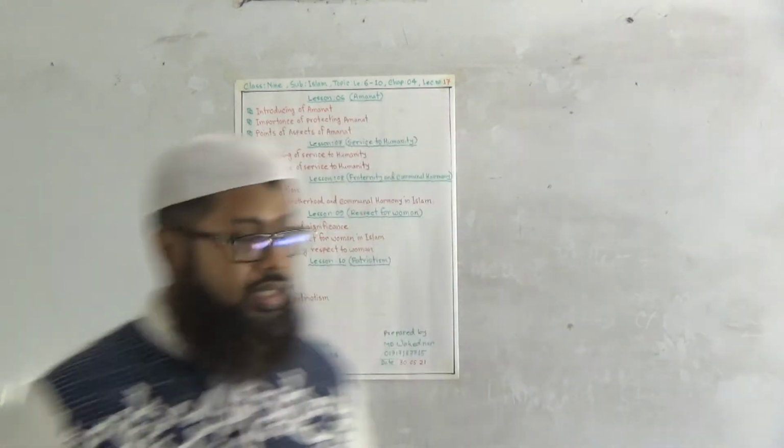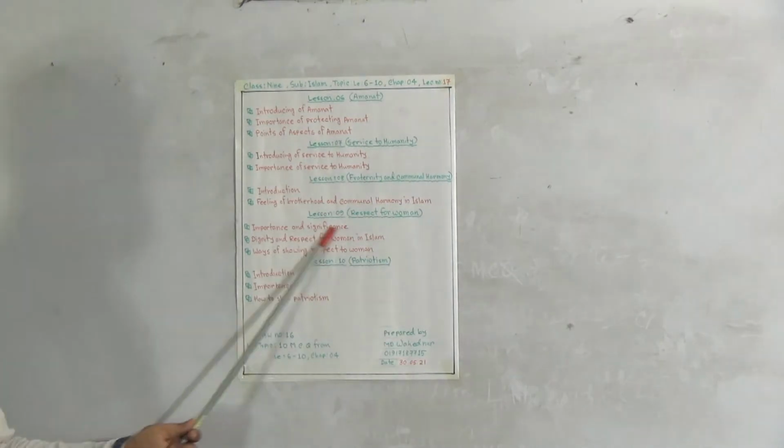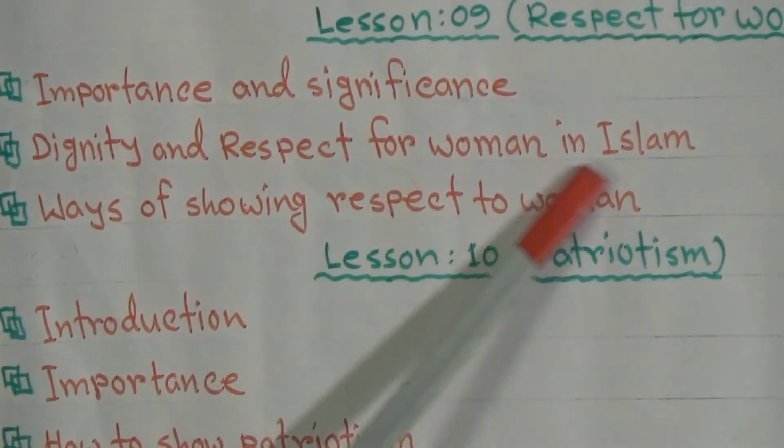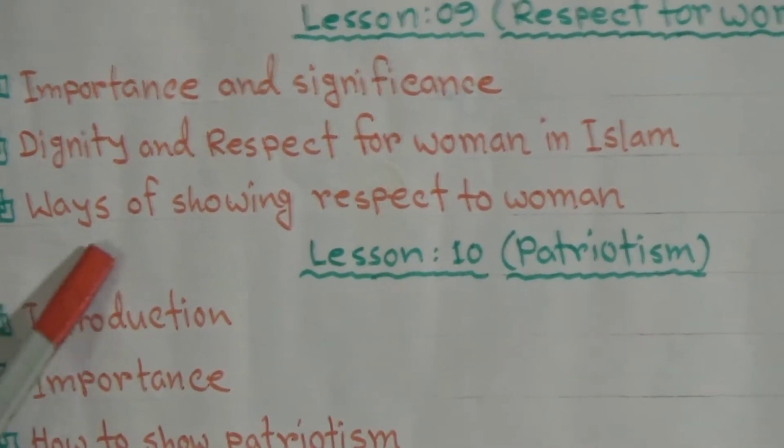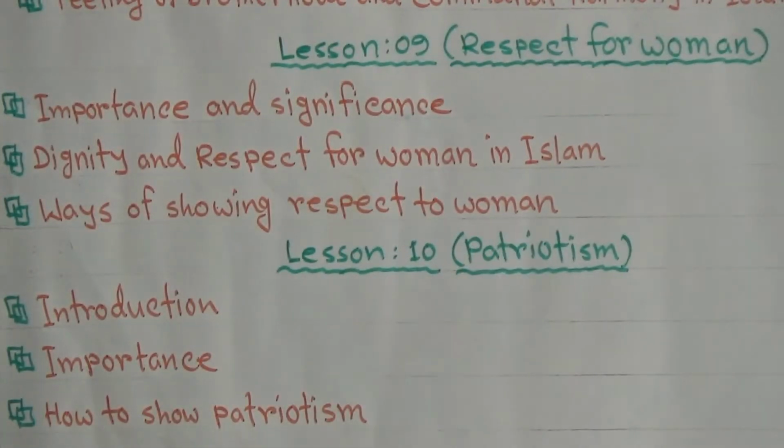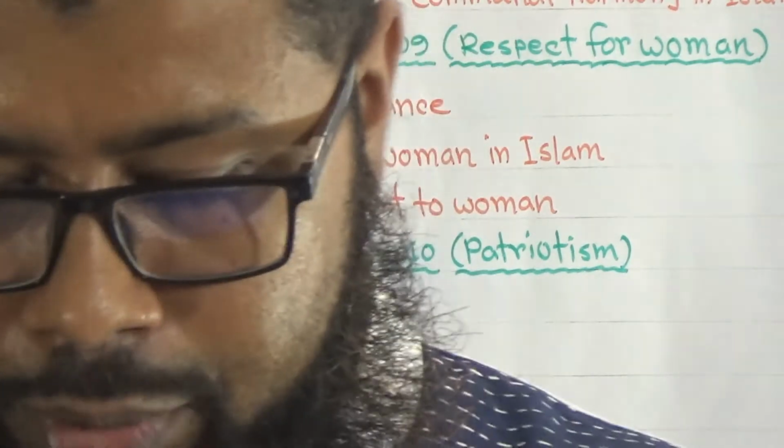And now students, lesson number 9, that is respect for women. First of all, importance and significance, then dignity and respect for women in Islam, and third, ways of showing respect to women. So first of all, you have to know respect for women. I mean respect for women has a wide meaning.